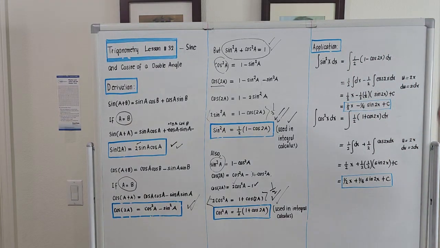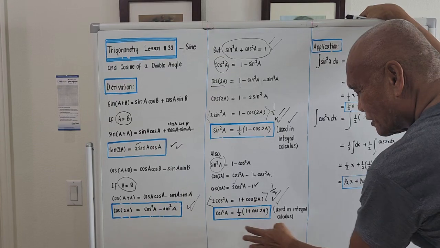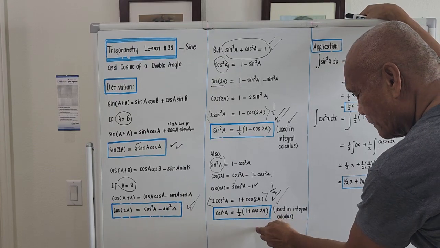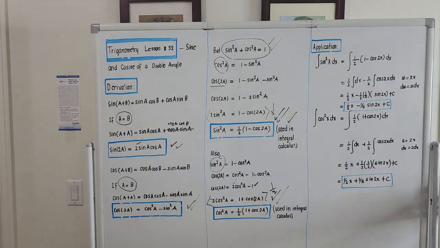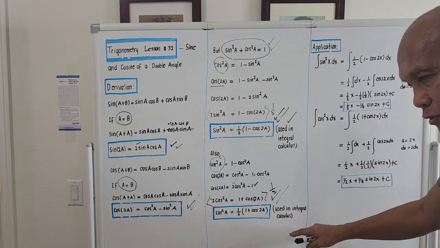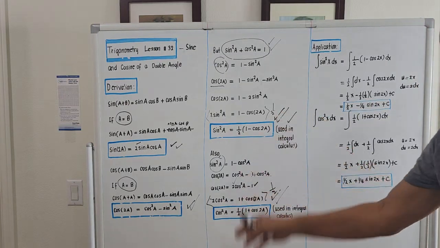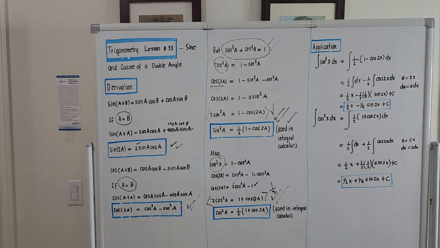So this is now a cosine square of a single angle in terms of a cosine of a double angle. And the application of this, it is still in the so-called study of integral calculus, used to simplify calculation. Okay?